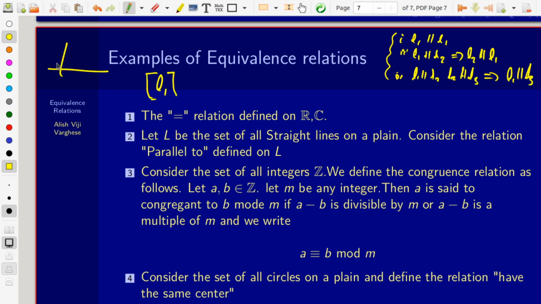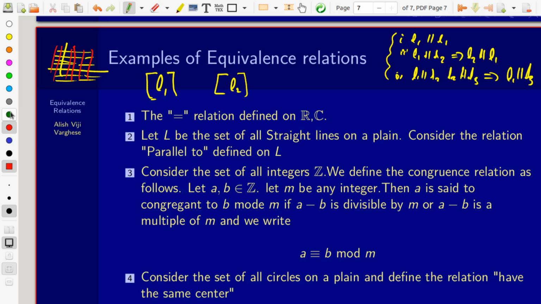So there is a collection of all straight lines which are parallel to the x-axis. There are infinitely many straight lines parallel to L1. Then let's consider the y-axis, L2 being the y-axis. The set of all straight lines which are parallel to L2 is the equivalence class of L2.